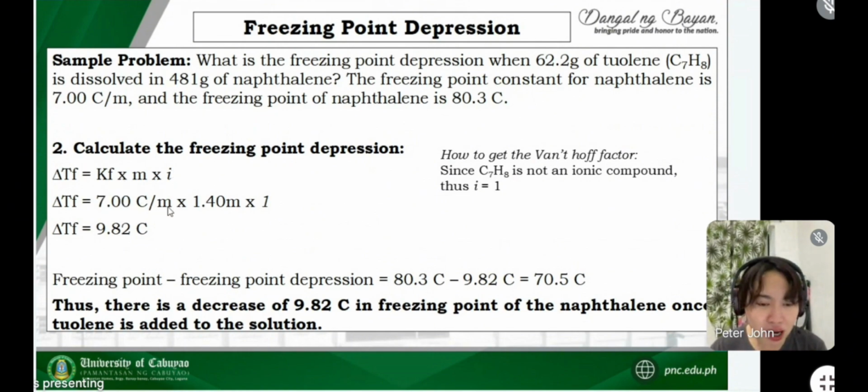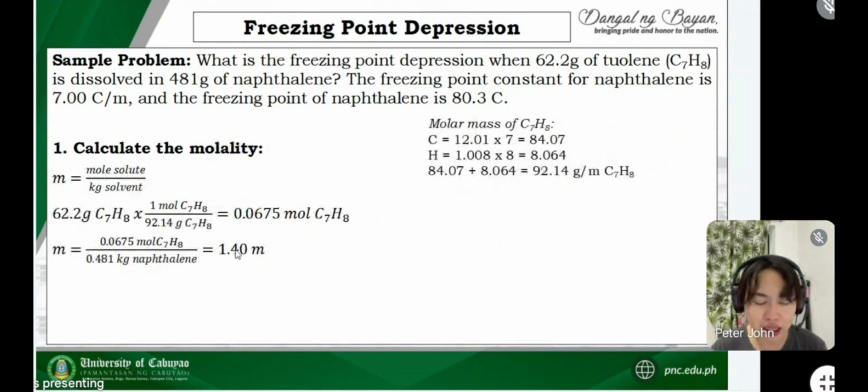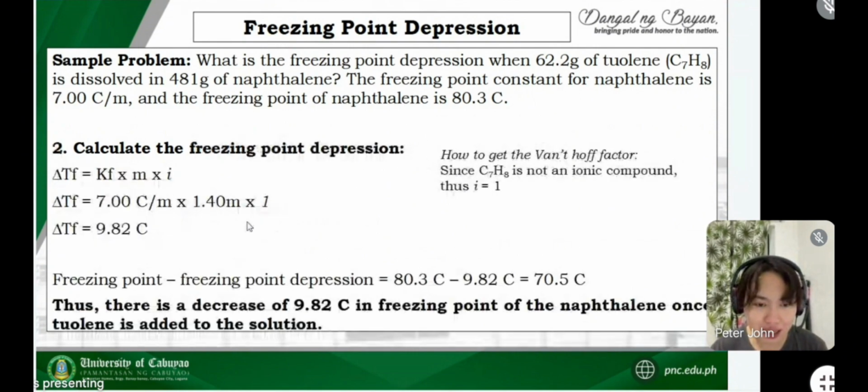Then the molal, ito yung kinumpute natin kanina, of a solute, which is 1.40 molal. Then, multiply by its Van't Hoff factor, which is 1. So sa case natin, 1 lang yung Van't Hoff factor natin.